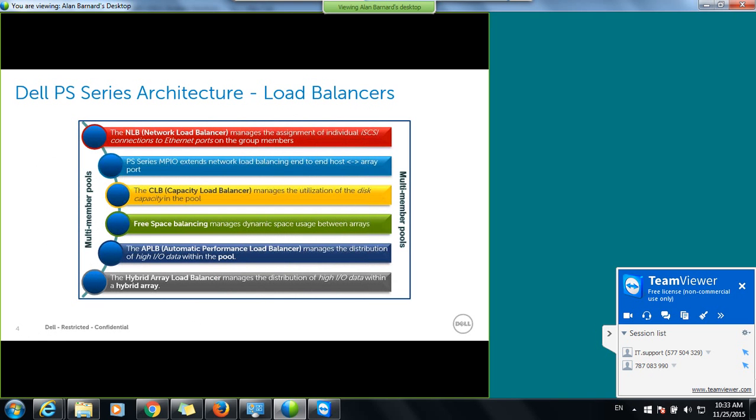If you have a member that has higher latency, then EqualLogic will move the pages so that particular member doesn't serve too many I/Os, and it can redistribute those hot pages to a different array so that array can serve your host.